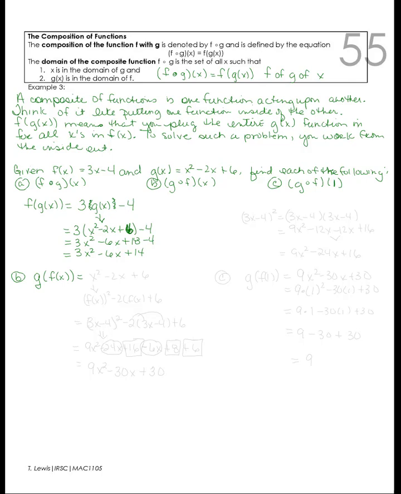Okay? So here's your g of x equation, and wherever we see x, we're going to plug in what we called f of x. So you're saying here, the quantity 3x minus 4 squared, minus 2 times 3x minus 4, plus 6.